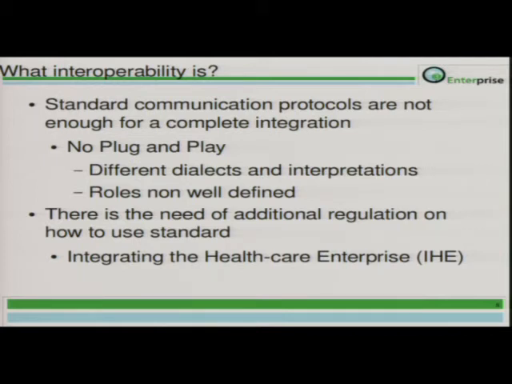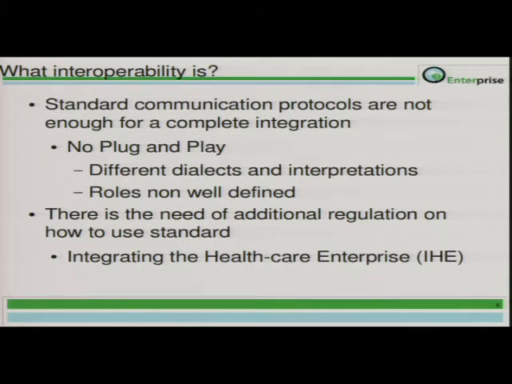In healthcare, and especially in the imaging sector, there are two big standards: DICOM for imaging and HL7 for administrative data. And those two standards are very wide, so you can interpret them in different ways, and there are different dialects of these standards. So you need additional rules for using them.